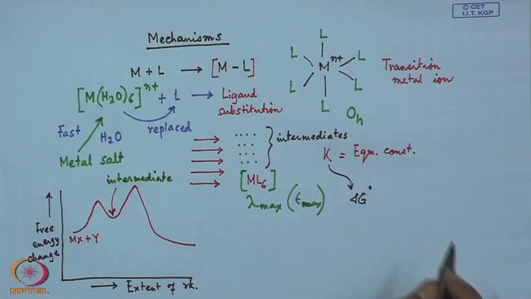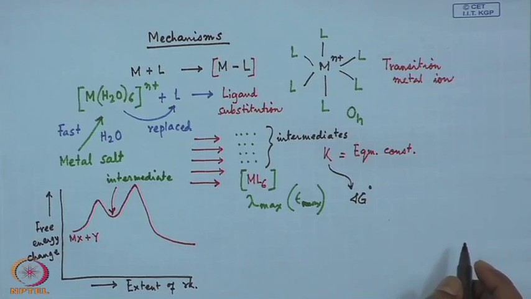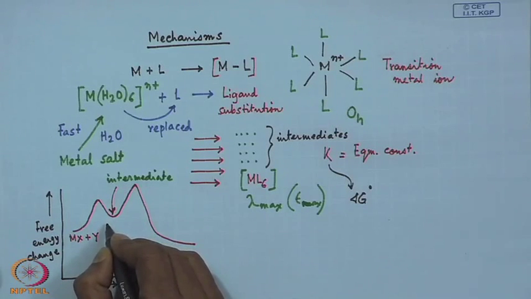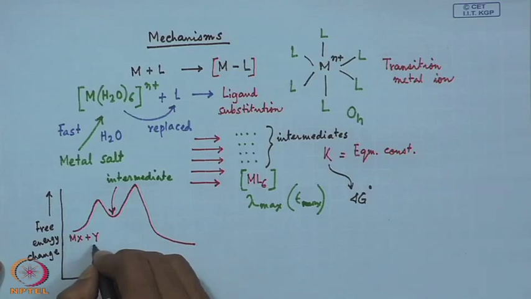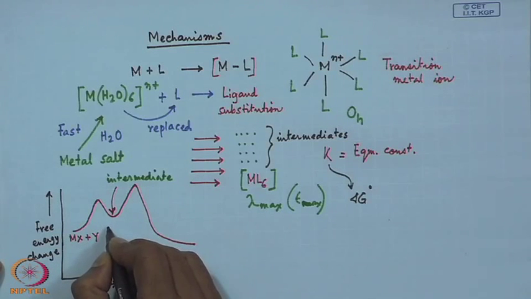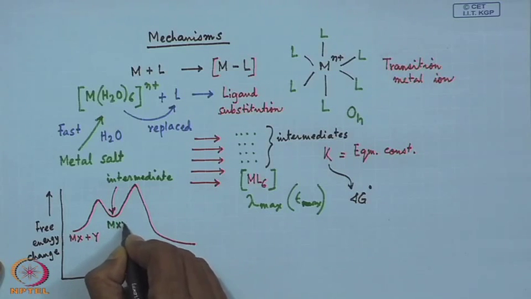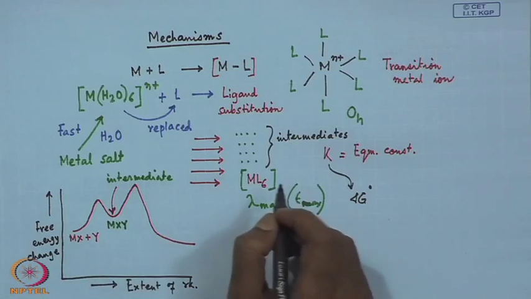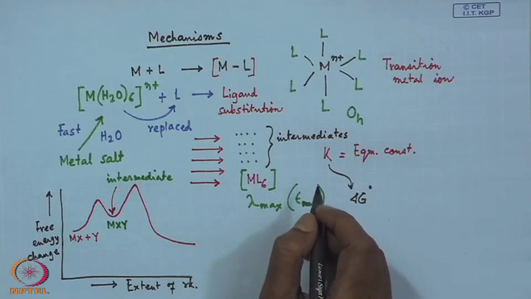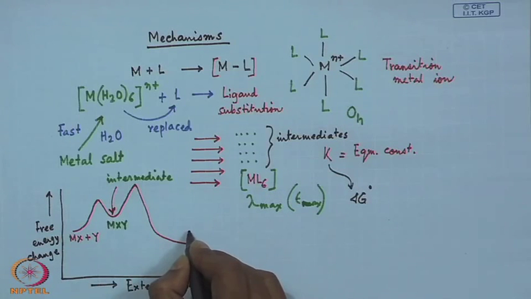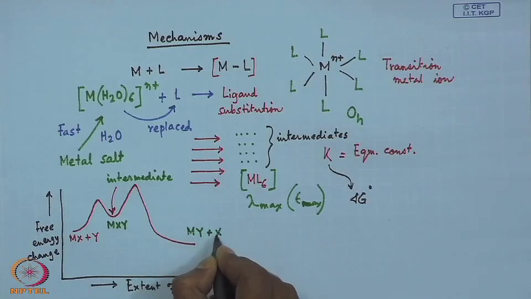of that intermediate. So, the intermediate has some sufficient stability which we can measure, and in this particular case whether MX plus Y or MY directly can form there tells us how quickly this intermediate is formed, and then we have MY plus X, the ultimate product, that means ML6 is forming.